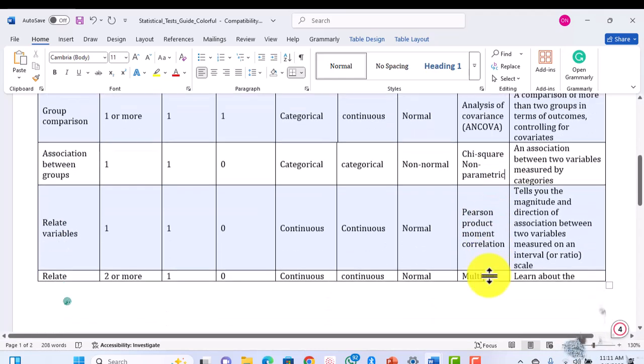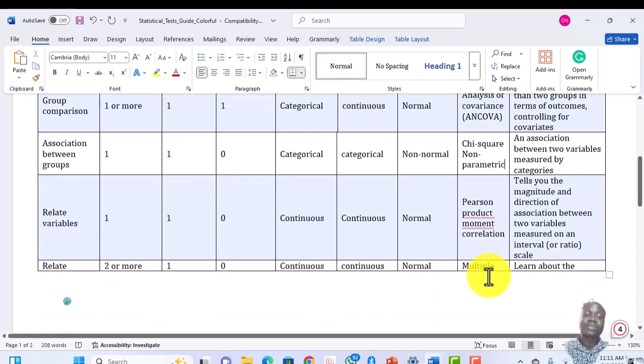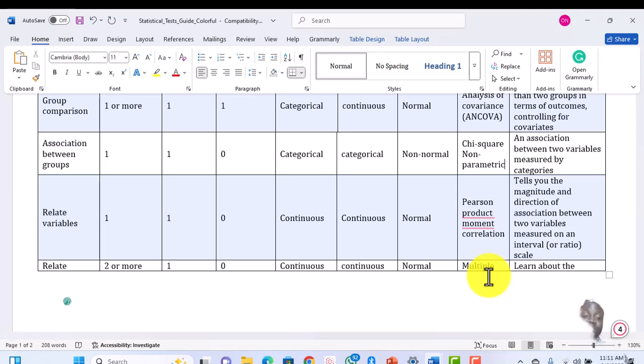Then after this, we could talk about the one that I said is not inferential. It is also descriptive. That's the Pearson product moment correlation. You can see that chi-square tells us association between two variables measured by categories. But this time around, we now have continuous variables, and both of them are normal.